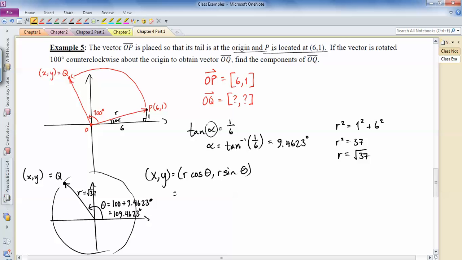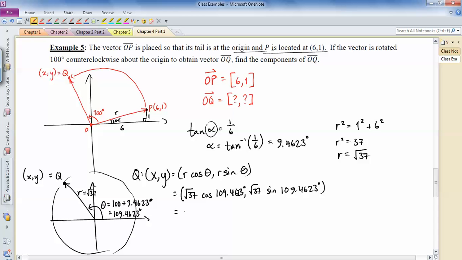So the x y coordinate for Q is going to be root 37 cosine of 109.4623 degrees, comma, root 37 sine of 109.4623 degrees, making sure you're in degree mode, not radian mode.